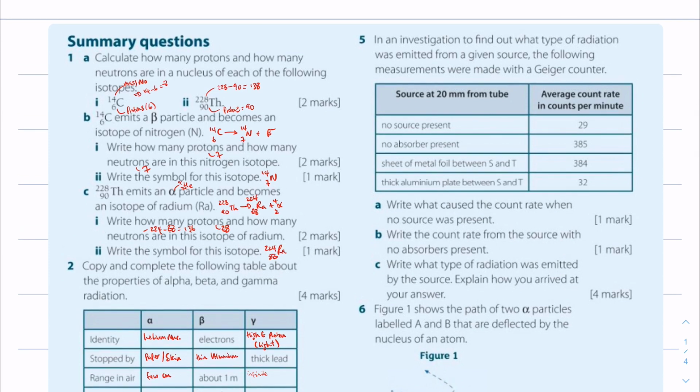So, question 5 says, in an investigation to find out what type of radiation was emitted from a given source, the following measurements were made with a Geiger counter. So we've got source at 20 millimeters from tube, average count rate in counts per minute. So we've either got no absorber present, a sheet of metal foil, or some thick aluminium plate.